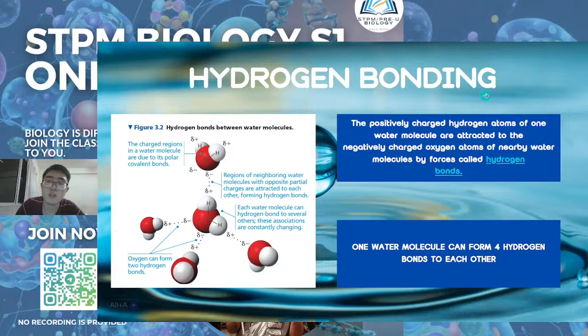So what is a hydrogen bond? This is the definition. Hydrogen bonding is where a positively charged hydrogen atom is attracted to a negatively charged oxygen atom of a nearby water molecule by a force called a hydrogen bond. It means that when one water molecule is attracted to another water molecule, normally it is hydrogen and oxygen, which are opposite, in two totally different water molecules, not the same molecule.